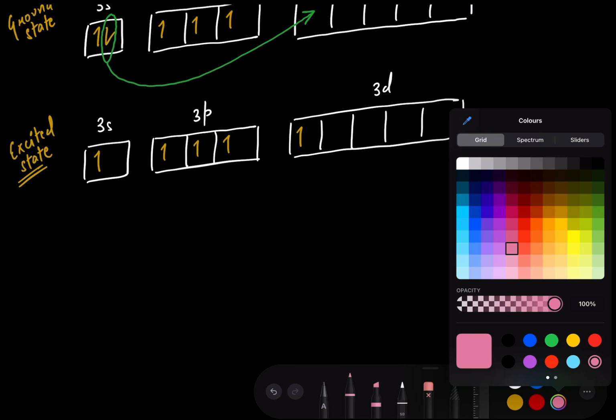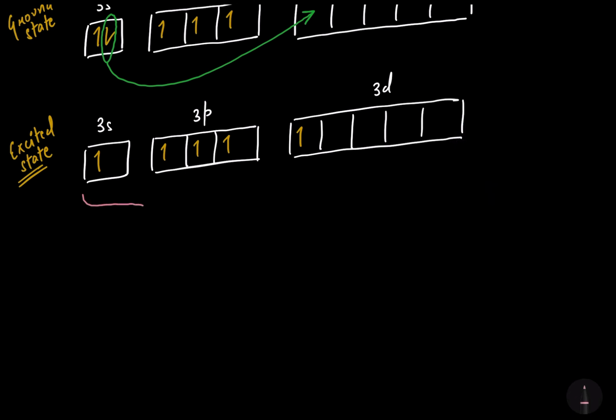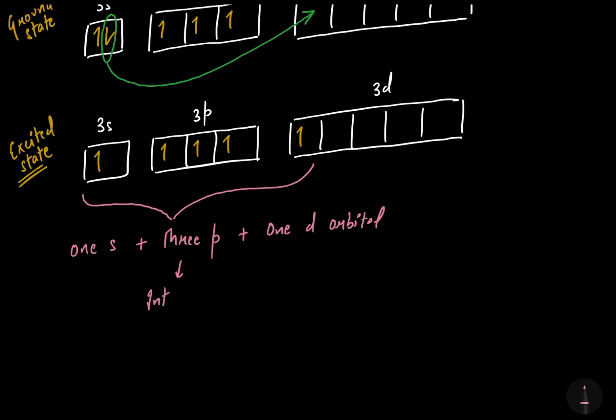Now during the intermixing, one of the s orbitals, 3 of the p orbitals and one of the d orbitals will intermix to form 5 new hybrid orbitals. So I am writing one s orbital, the 3 p orbitals and one d orbital. They will intermix, and this intermixing of atomic orbitals is called hybridization.